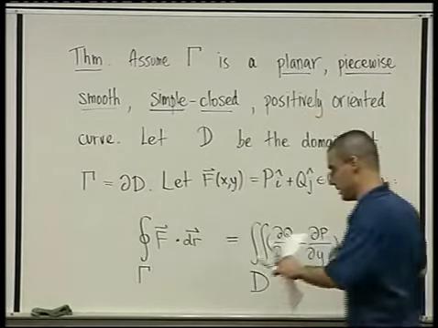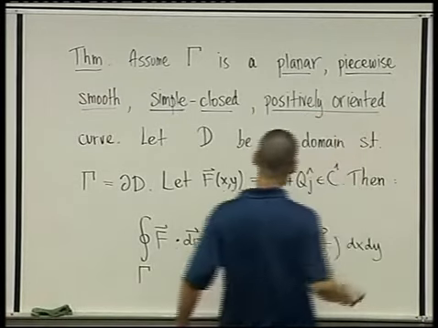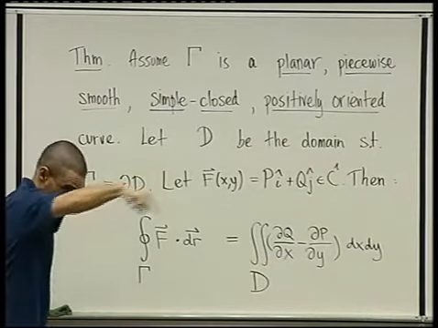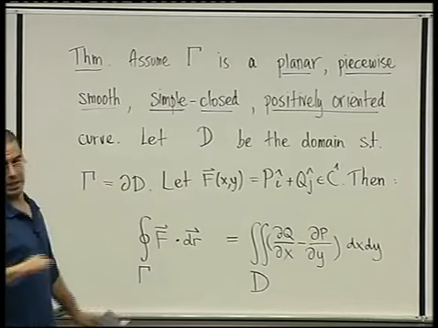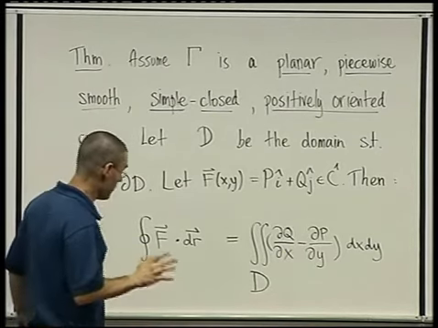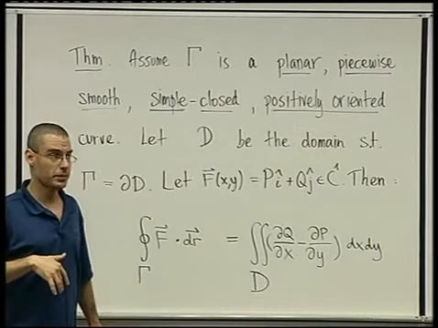Positively oriented, this is the tricky business here. So remember that a curve has orientation. You can either go in this direction, or you can go in the other direction, right? Life would have been very simple if we could just say clockwise or counterclockwise.